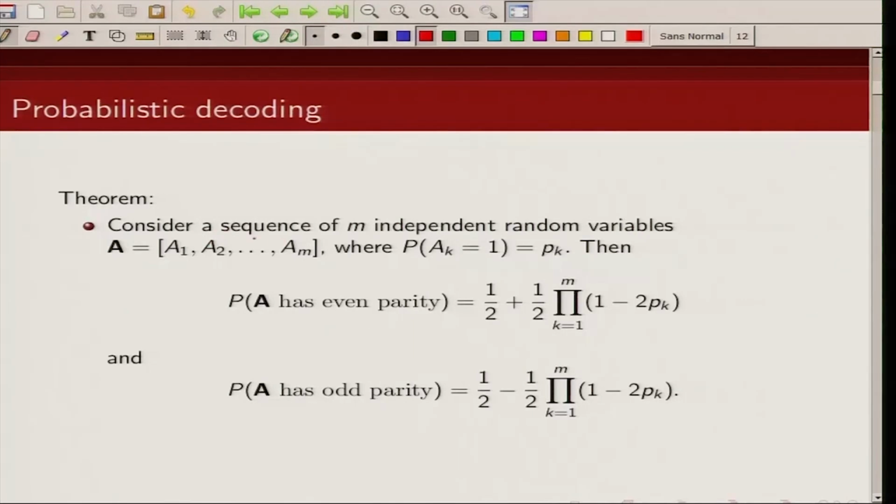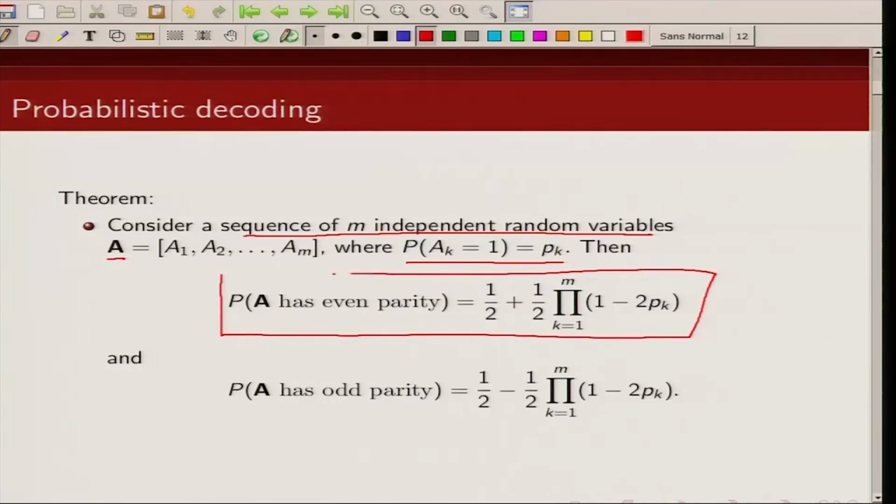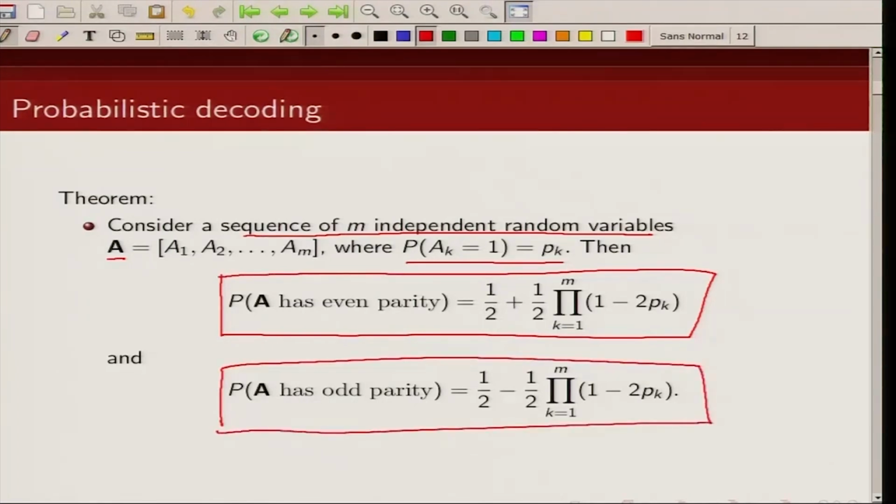It says if you have a sequence of m independent random variables, which we denote by A, so A1, A2, A3, ..., Am are m independent random variables, and the probability of Ak being 1 is given by pk, then the probability that A has even parity is given by this expression, and the probability that A has odd parity is given by this expression.